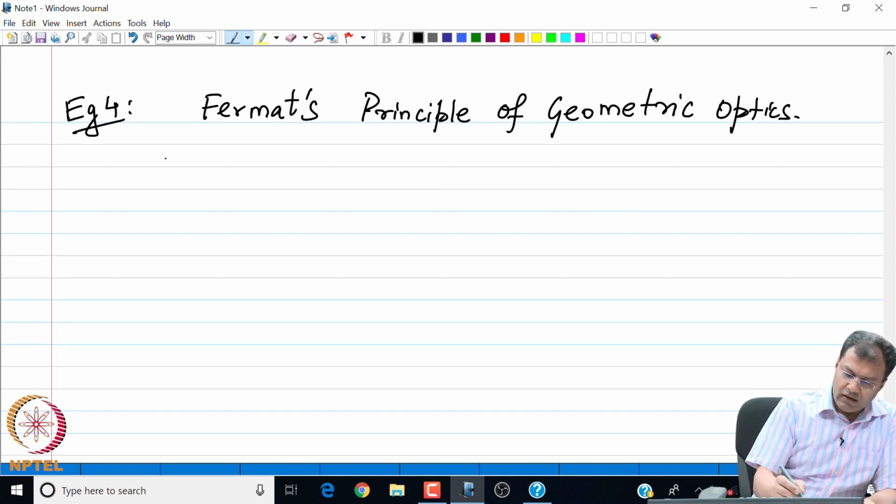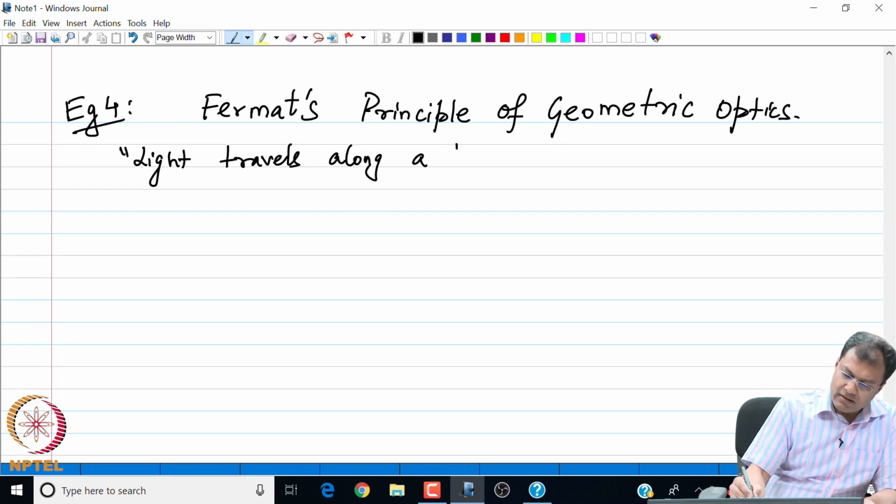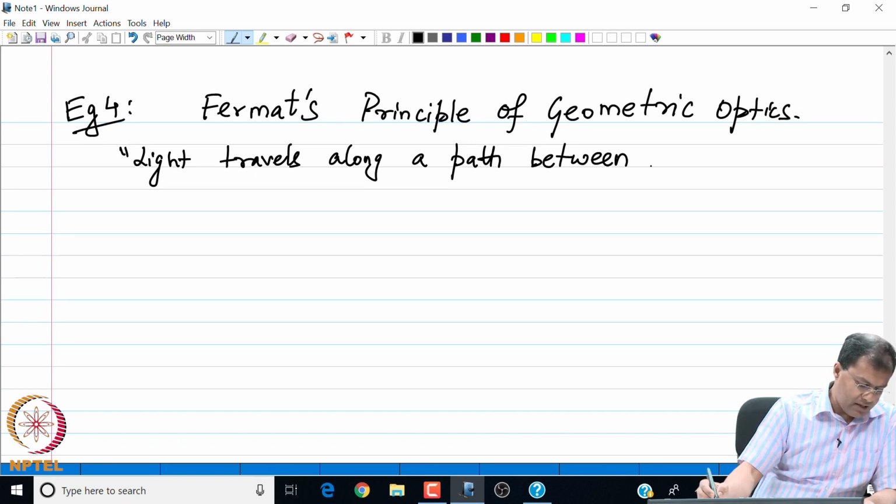Okay, so the result is as follows. Fermat's principle says that light travels along a path. See, nature always follows a principle such that it obeys minimum energy, minimum time, minimum path and so on.